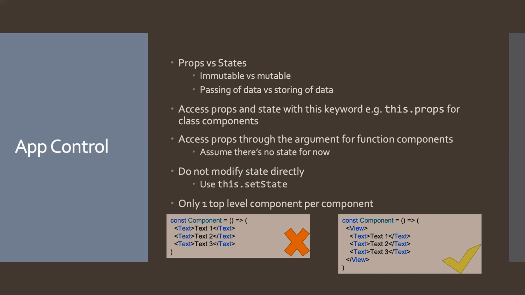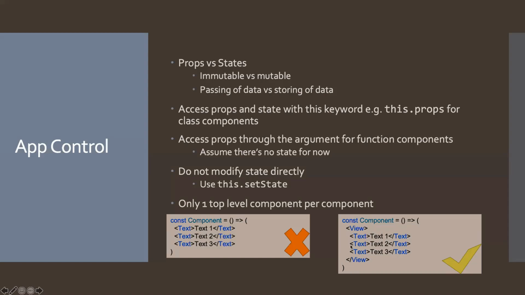So for instance, in this case, I want to render 3 texts: text 1, text 2, text 3. So I cannot actually just return these 3 components as they are. I have to nest them in a view, so that this view is 1 top-level component, and I have 3 sub-components in it.